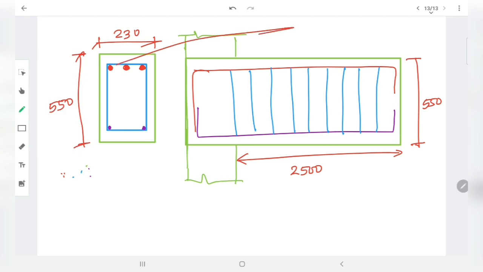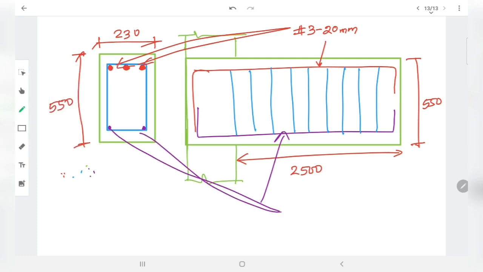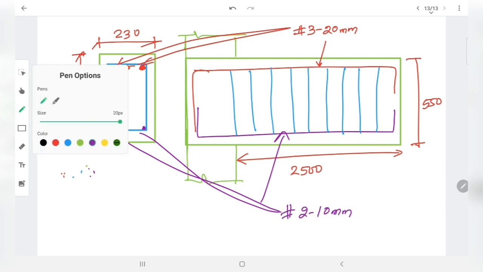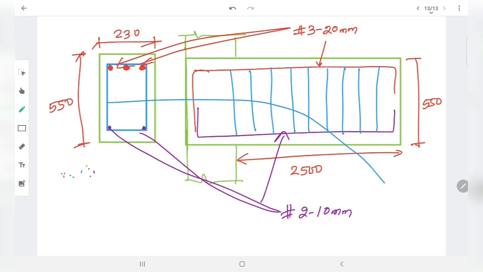Here 3 numbers of 20 mm at the top, it is a cantilever beam, so AST will be at top, and these are the nominal hanger or anchor bars, 2 numbers of 10 mm, and the stirrups, that is 2-legged. These are the 2-legged stirrups, 2-legged T6 mm at 220 mm center to center.